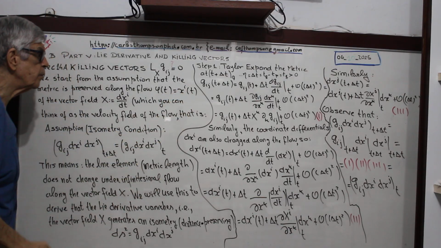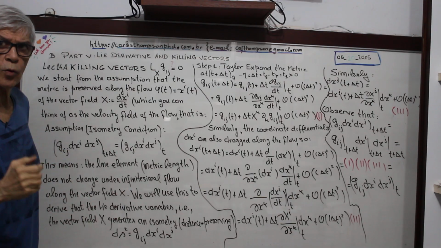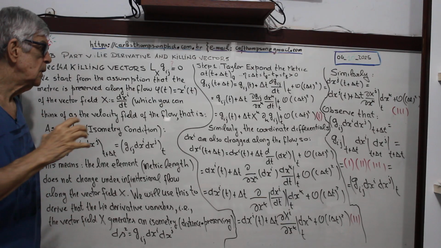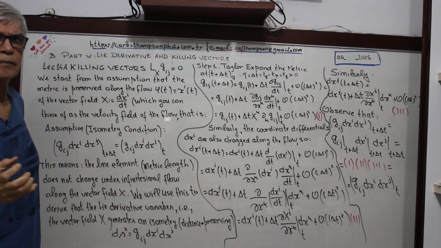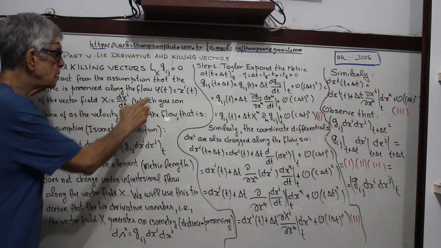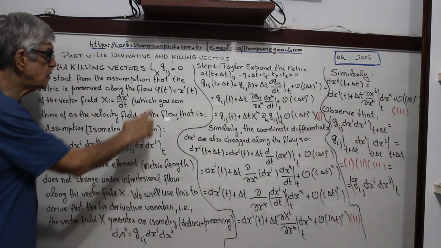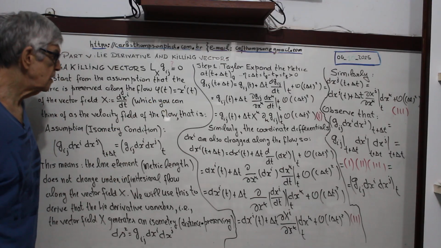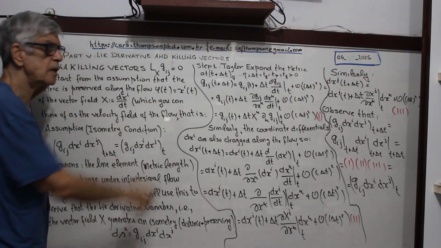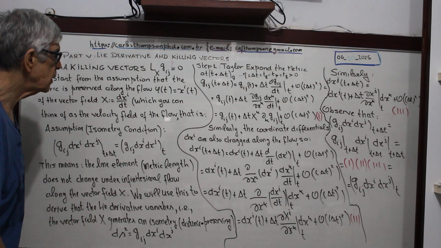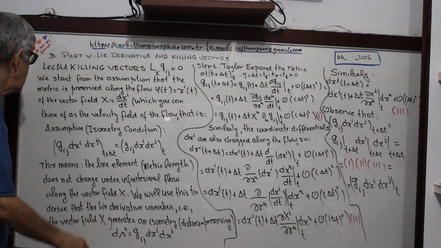Xi at t belongs to the manifold, but the construction is made just using this scalar t that belongs to the reals, as we did before.